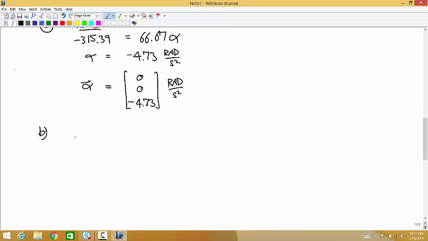Well, we're going to use that the acceleration of the center of mass is equal to alpha cross r plus omega cross quantity omega cross r, the watermelon equation. Alpha, we just got 0, 0, negative 4.73.